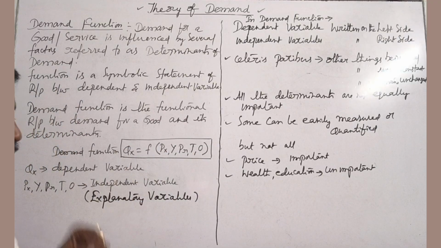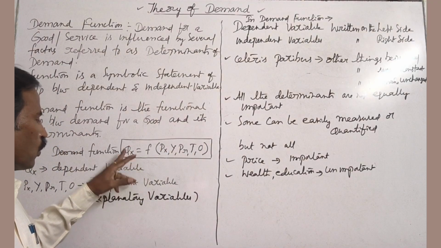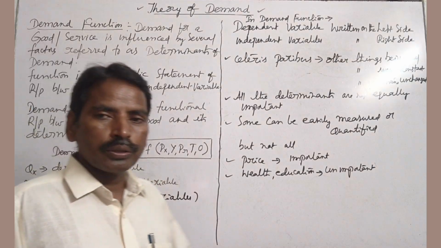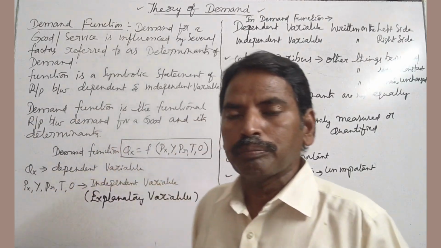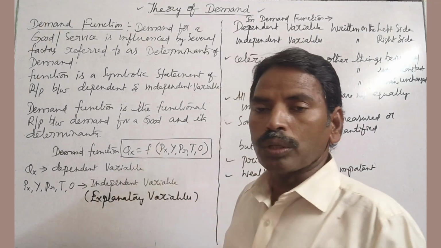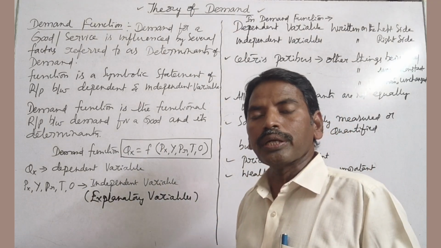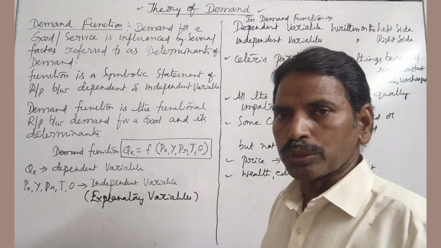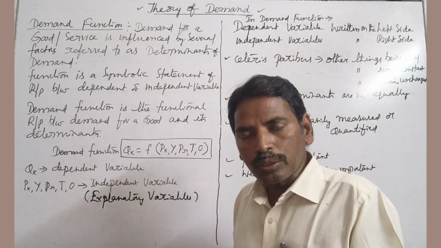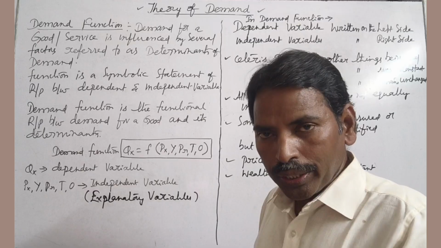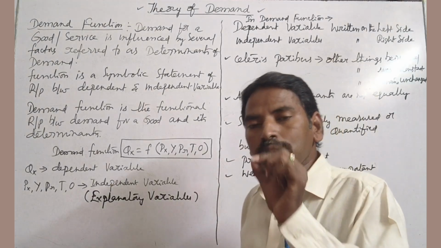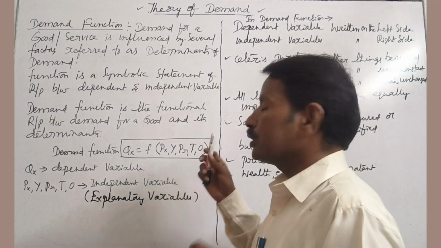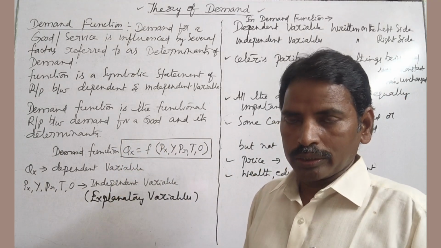Where Qx is equal to quantity demanded of x commodity, f is equal to functional relationship, Px is equal to price of x commodity, Y is equal to money income of the consumer, Pr is equal to prices of related commodities, T is equal to taste and preference of the consumer, O is equal to other factors.